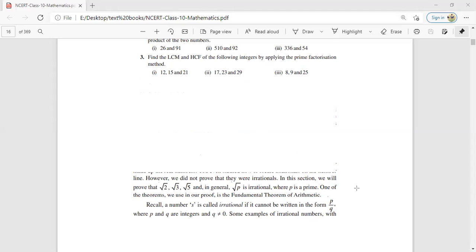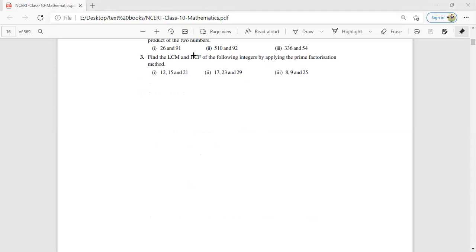And here we have to find the HCF and LCM of 3 numbers. Before that it was 2 numbers. Now we have to find the HCF and LCM both, but the method is prime factorization method. So we can take first question. First number is 12.